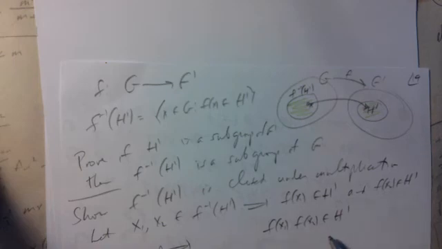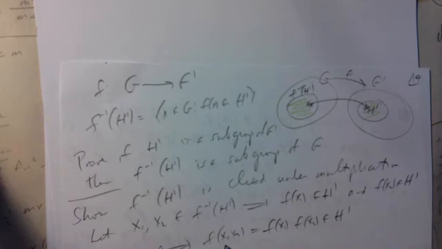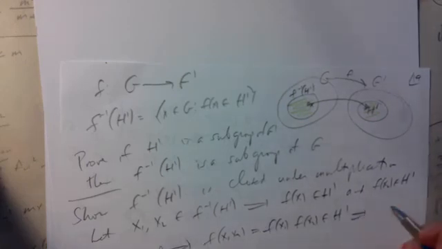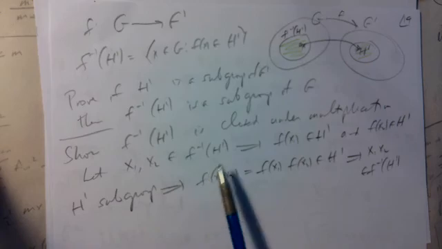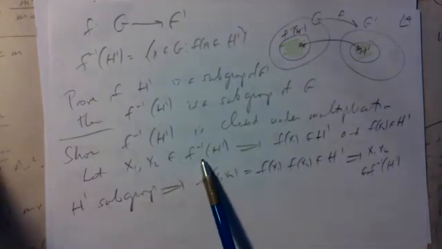But because f is a homomorphism, f of x1 times f of x2 is f of x1 x2. So f applied to the element x1 x2 sends you into H prime, which means x1 x2 is in f inverse of H prime. So this inverse set is closed under multiplication. If x1 and x2 are in f inverse of H prime, so is the product.